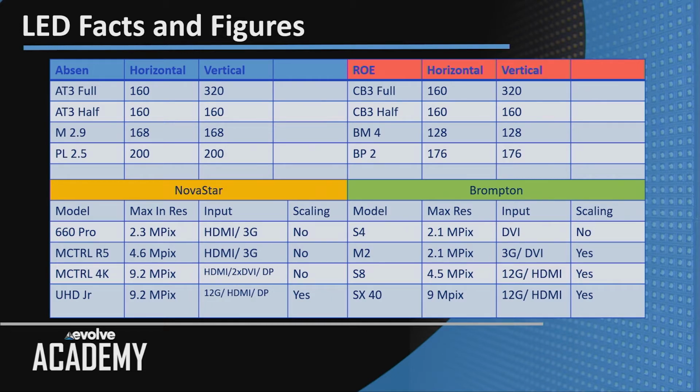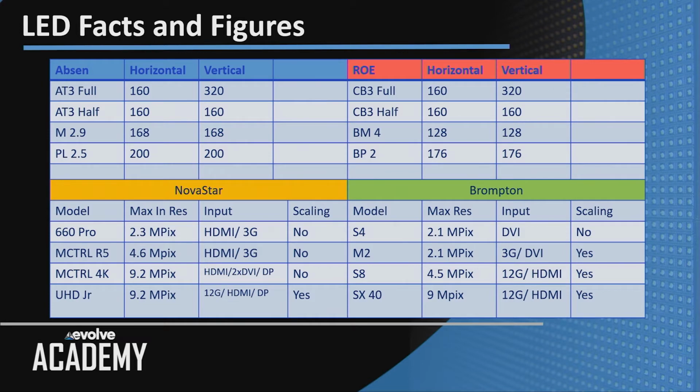The big processors from these two companies, the large processor from Novastar is the UHD Junior, and now there's a UHD Pro. 9.2 million pixels, so it's a 4K processor. Has 12G in, HDMI, DisplayPort, and a scaler. The SX40, 9 million pixels, 12G, HDMI in, and a scaler.